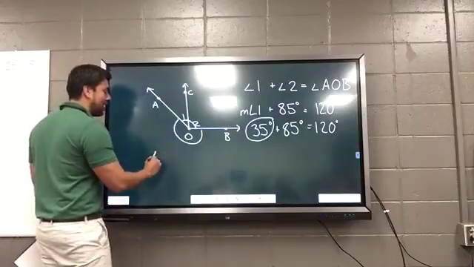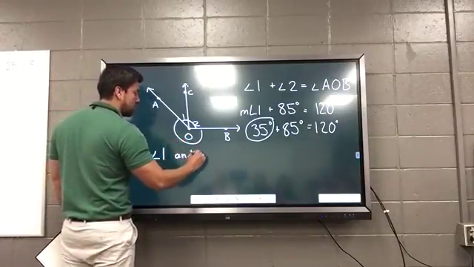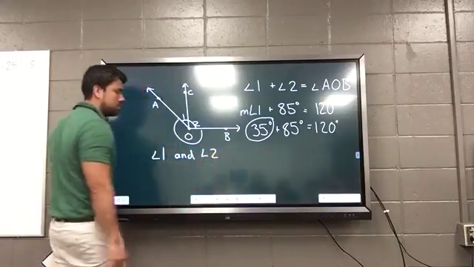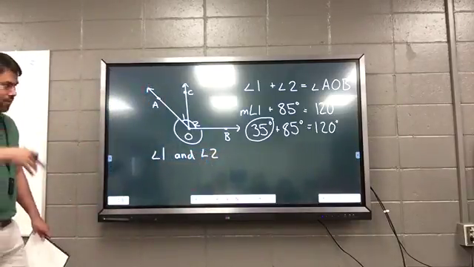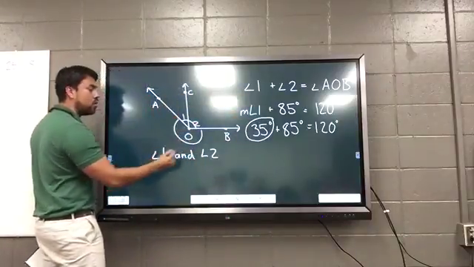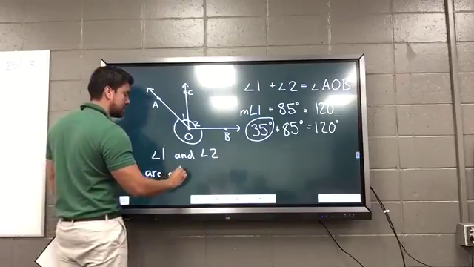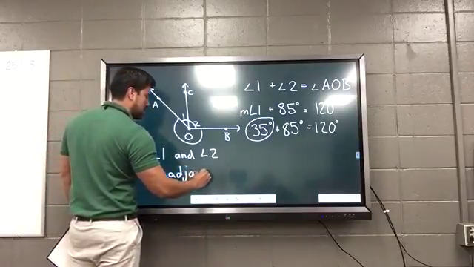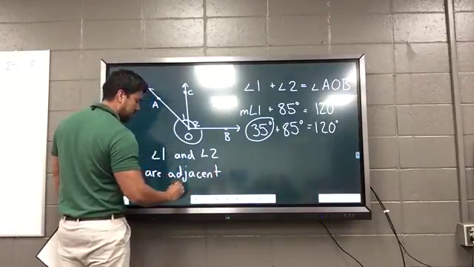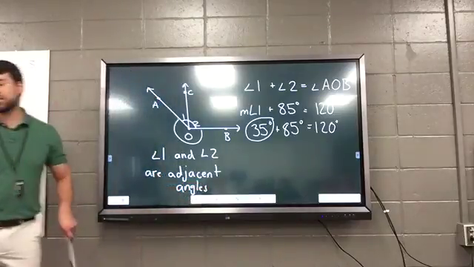All right, I want you to get one last thing down on this part. We're done with this last part of the problem. Angle 1 and angle 2 are called adjacent angles. Has anyone ever heard of the word adjacent?